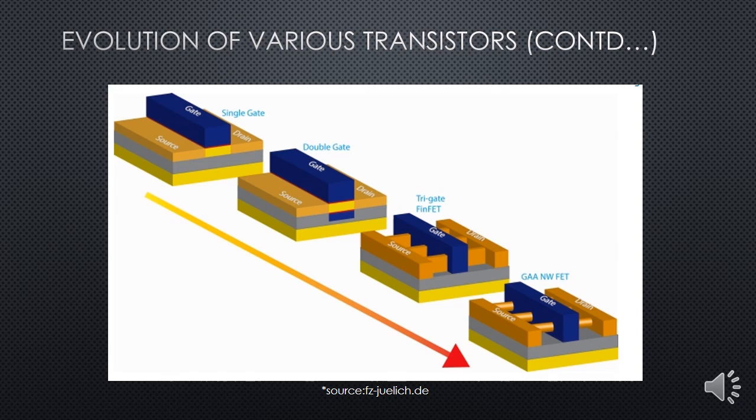Then we have the gate all around, where you can see the nanowires. Everything we have discussed so far is on one page. At present we are using the FinFET or the tri-gate architecture. We are yet to realize gate all around, as it has some complexities involved.